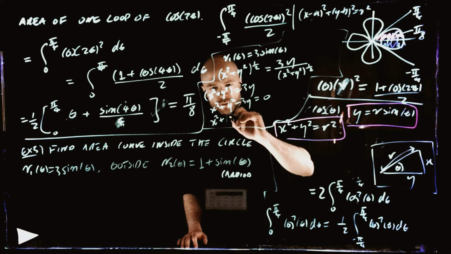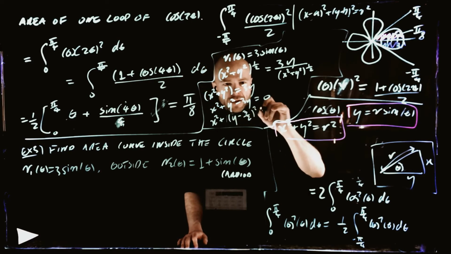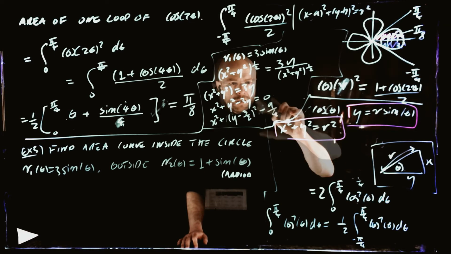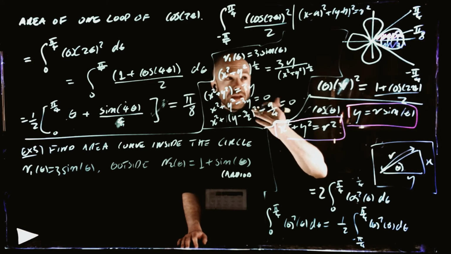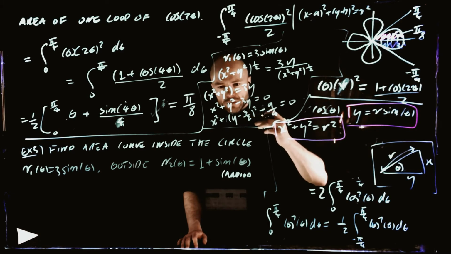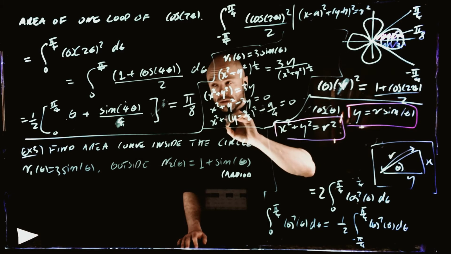If we do this, we're going to have this additional 9 over 4, so we have to take that away, and that's the same thing. This is in the form of a circle of radius 3 over 2, centered at 0, 3 over 2.